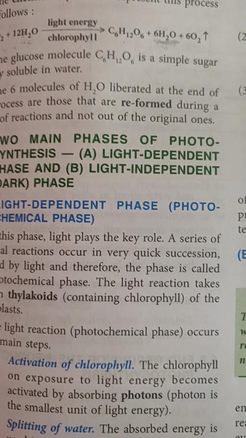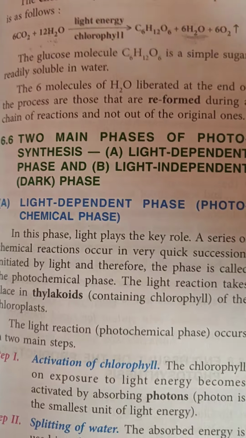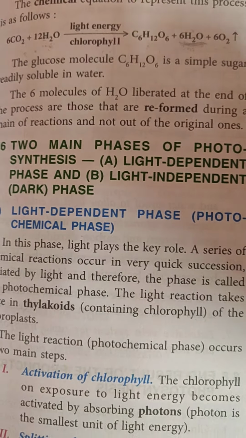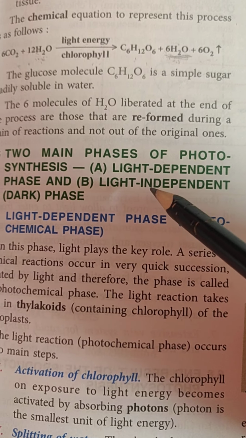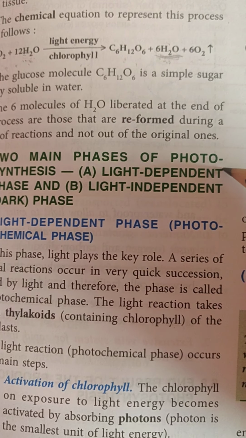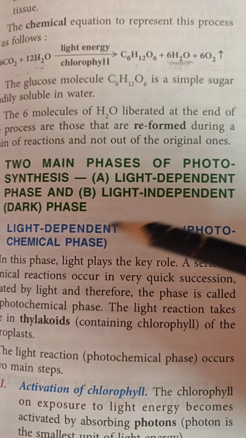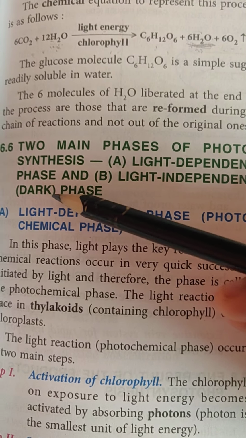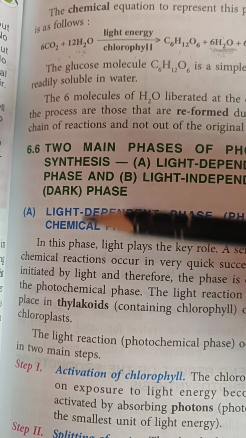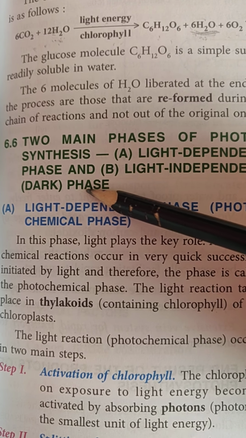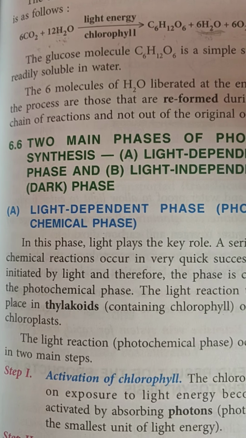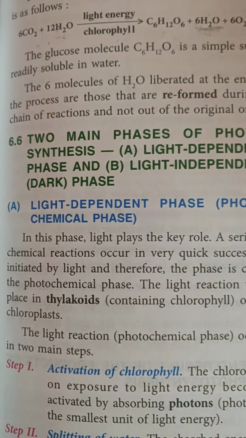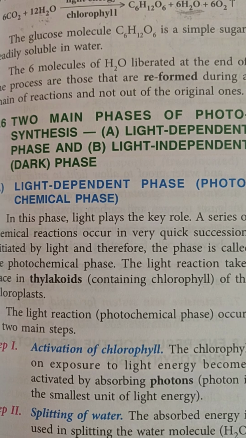Now, photosynthesis has 2 main phases. One phase is the light dependent phase. It depends on light. Another is the light independent phase. Sometimes it is known as the dark phase, but that does not mean that this step takes place in the dark.